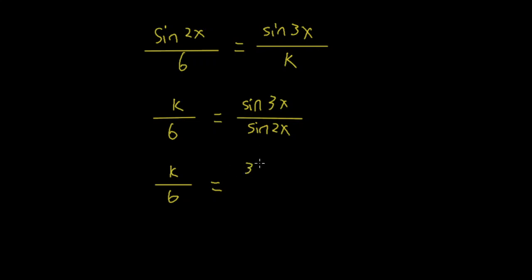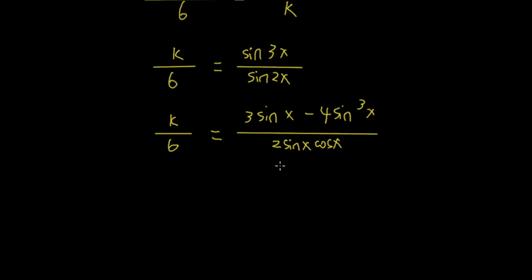It will be 3 sine x minus 4 sine cubed x, divided by sine 2x, which in terms of sine x and also cosine x is 2 sine x cosine x. Right away, we can see that we have a common factor of sine x. So we can factor sine x out of the numerator and out of the denominator, then cancel it out.